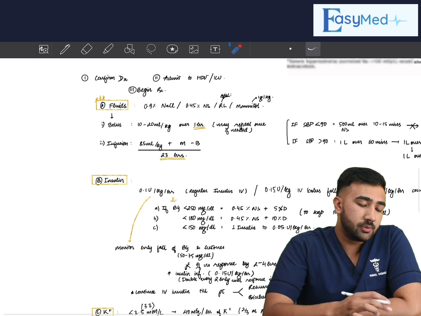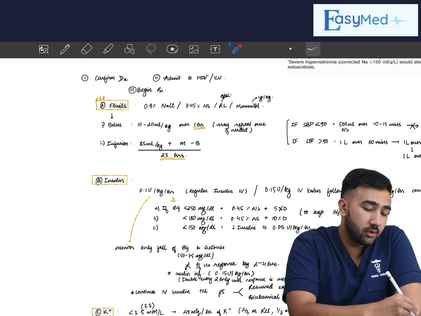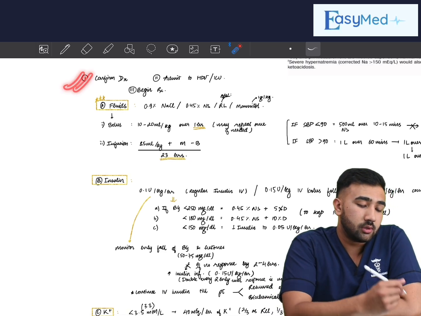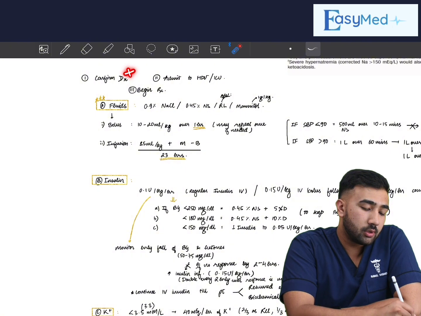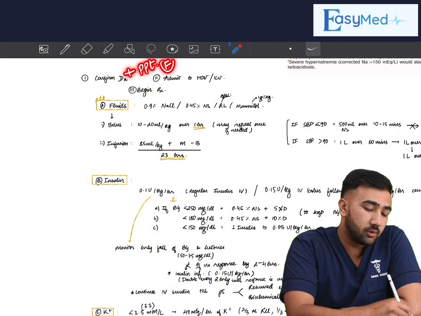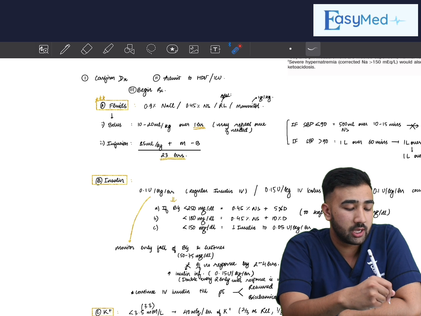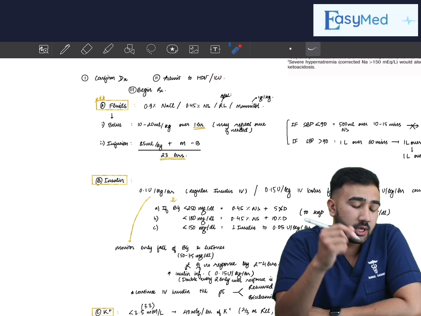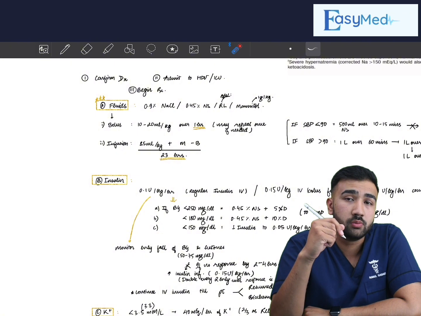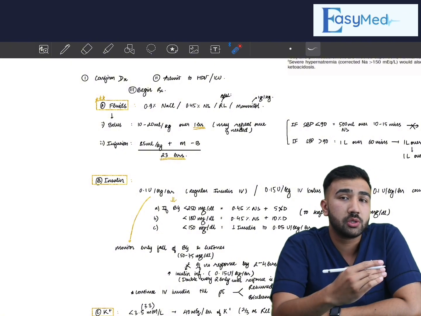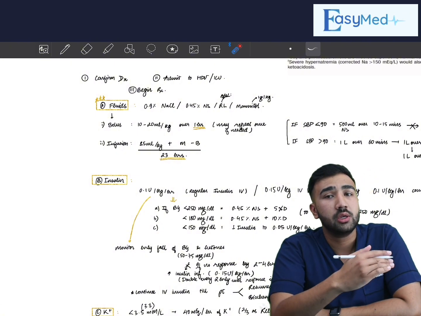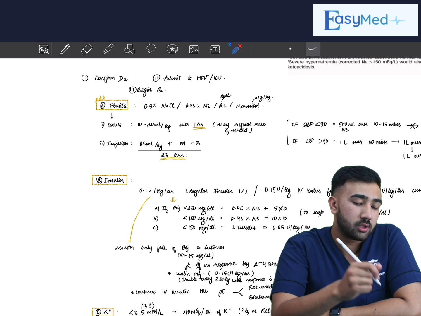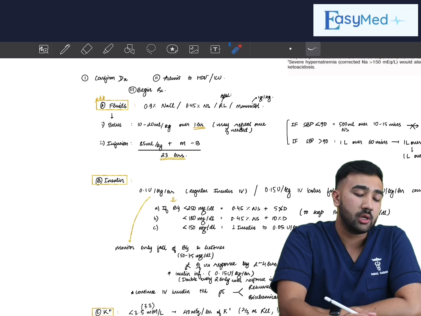Now to begin with the management, first we have to confirm the diagnosis using the diagnostic criteria, and if we can find any precipitating factors, we have to identify those as well. Then we have to begin treatment as soon as possible in the emergency room, which has to be continued subsequently, usually in the ICU or CCU, because these patients usually do require ICU.